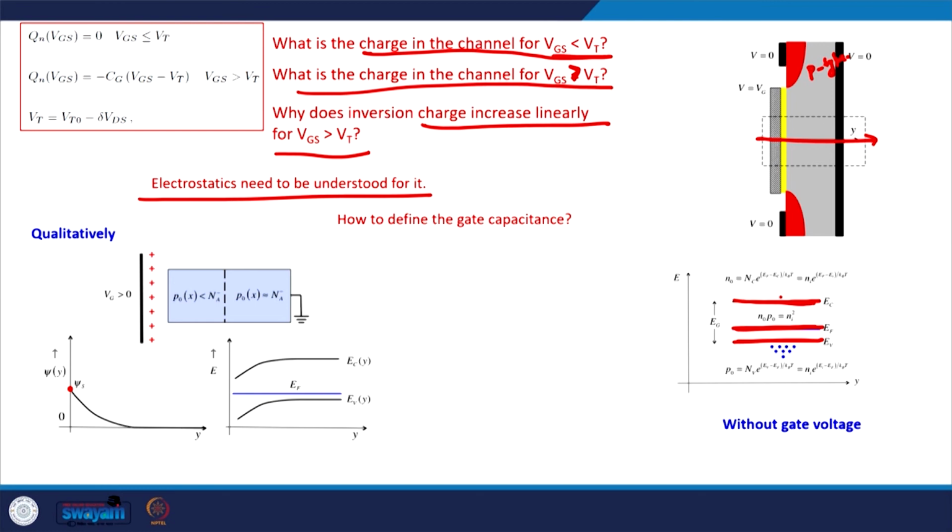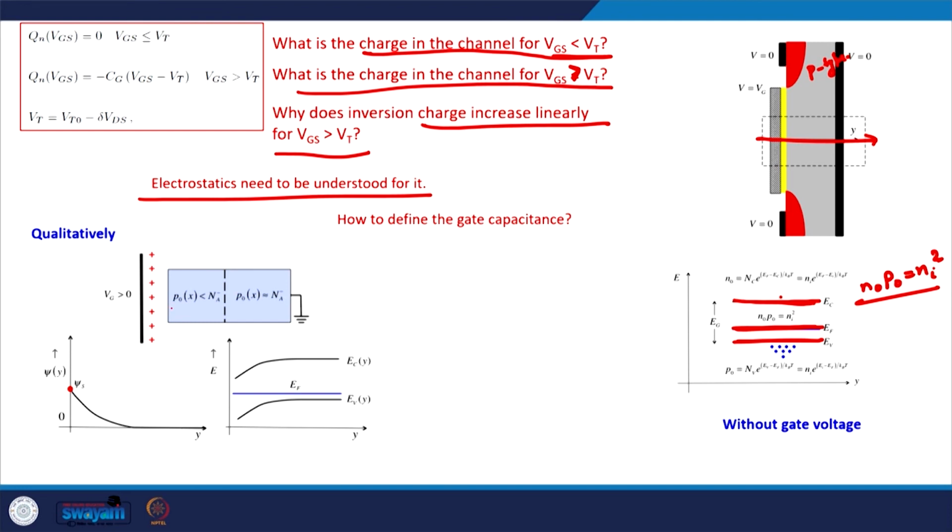And in any semiconductor in equilibrium, generally this relationship is always maintained. Now, what happens to this band gap when a positive voltage is applied on the gate terminal? A positive voltage on the gate terminal means that the positive charge in the semiconductor will be repelled.